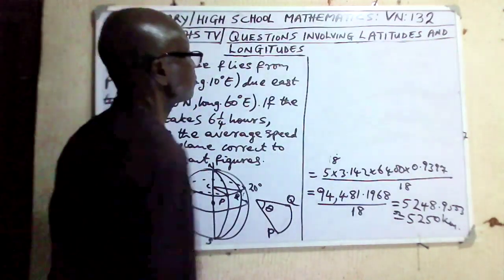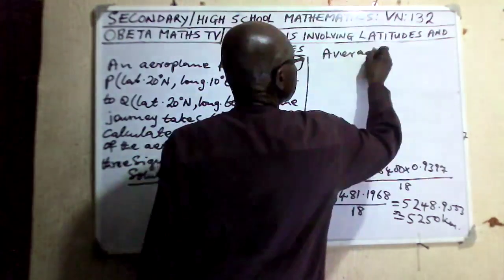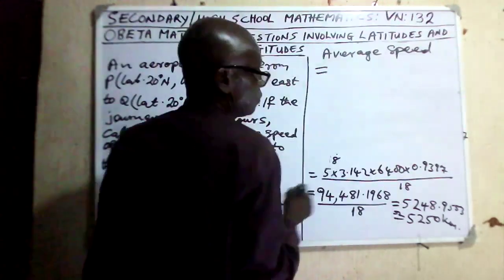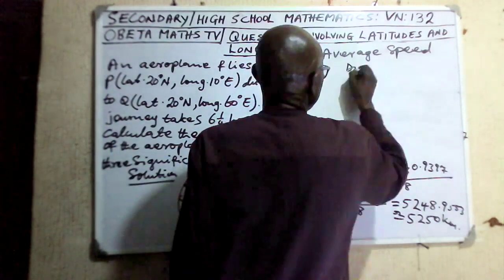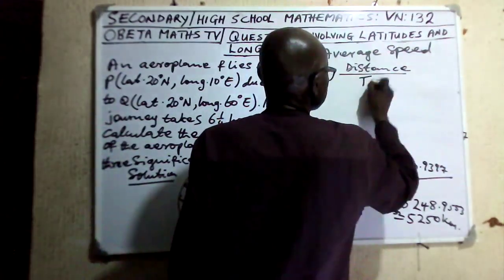Average speed is equal to distance all over time.